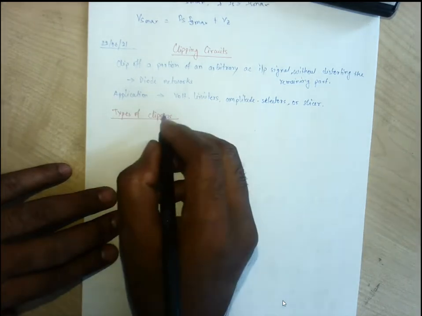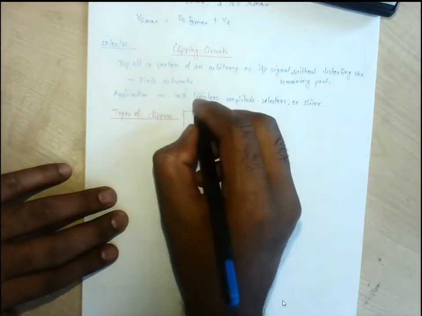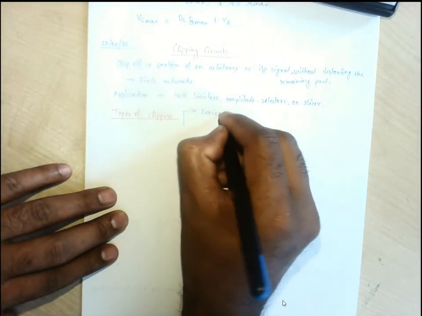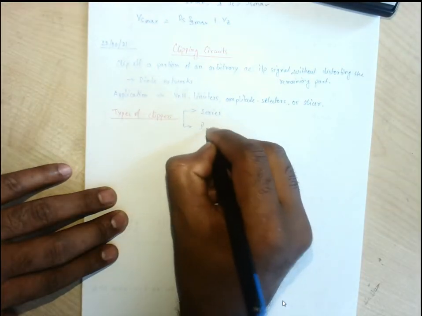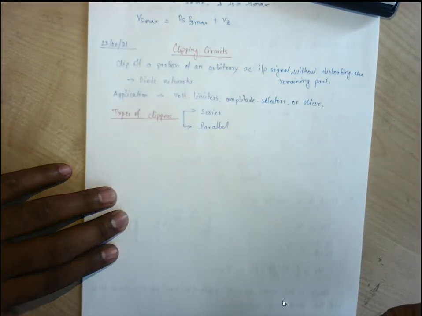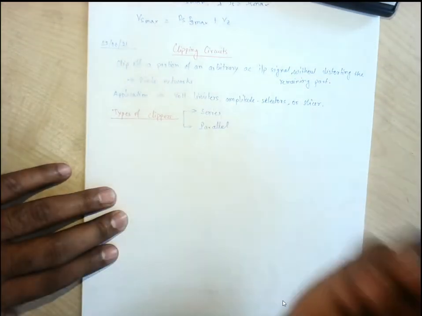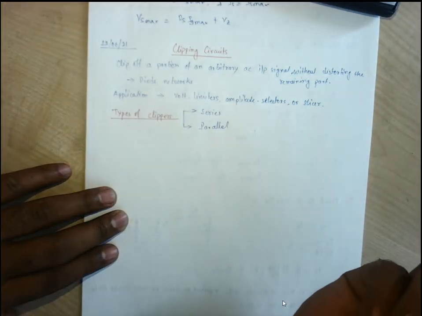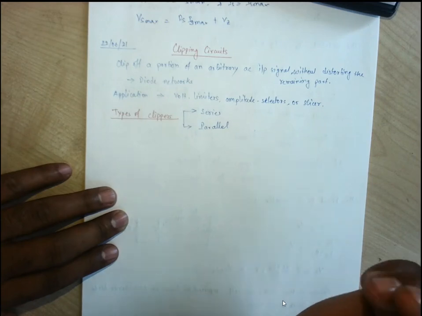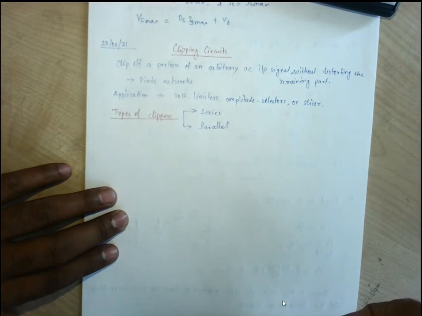One is series, one is parallel. Obviously from the name we can somewhat guess that in one case the diode is connected in series, and in the other case the diode is connected in parallel.